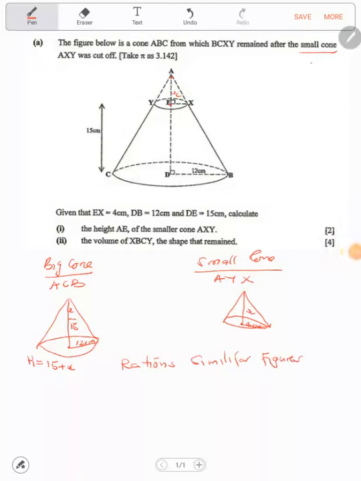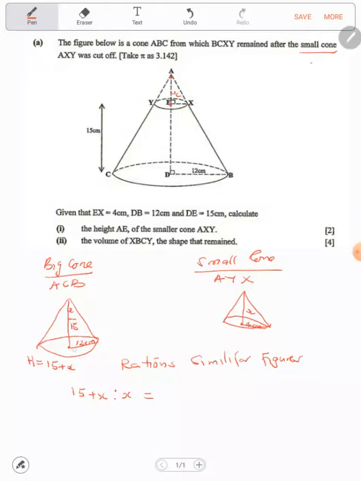Since this is the radius and this is the radius, and that's the height and that's the height, the height of the bigger cone, which is 15 plus x, is in the same ratio as the height of the small cone, which is x.